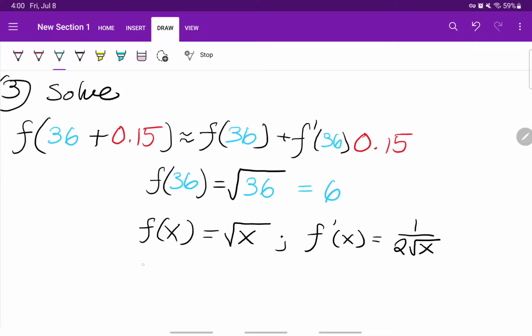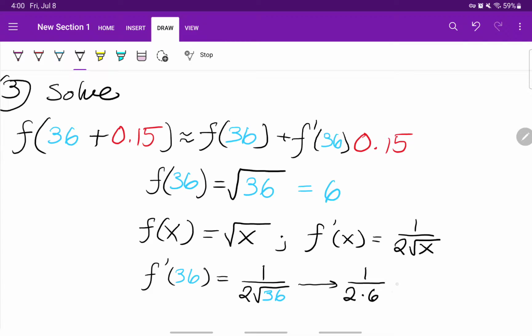To find f prime of 36, I'm going to plug 36 into my derivative: 1 over 2 times the square root of 36. In my denominator, the square root of 36 is just 6. 1 over 2 times 6, 1 over 12.